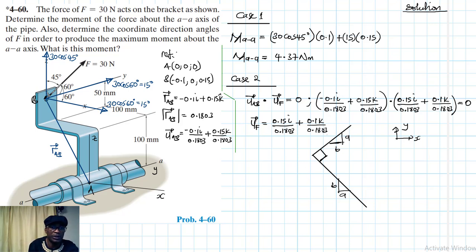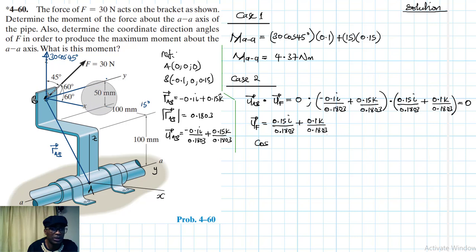Okay, great. So once we know this, it is easier now to say our cos alpha, if this is alpha. Let me rub these angles here and indicate different angles here.